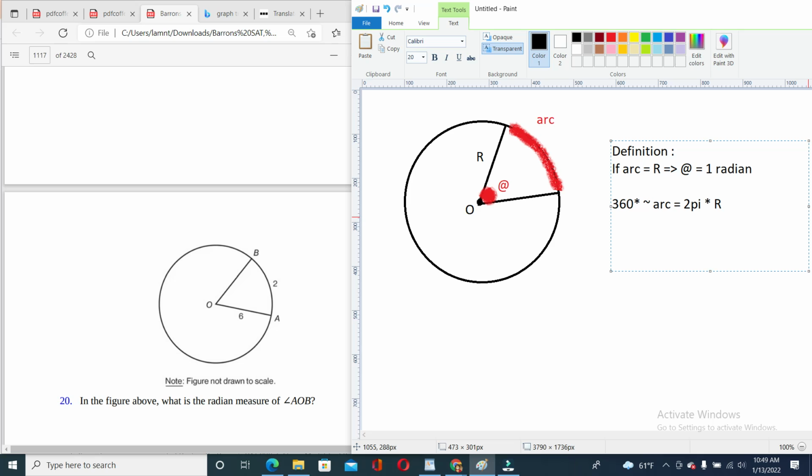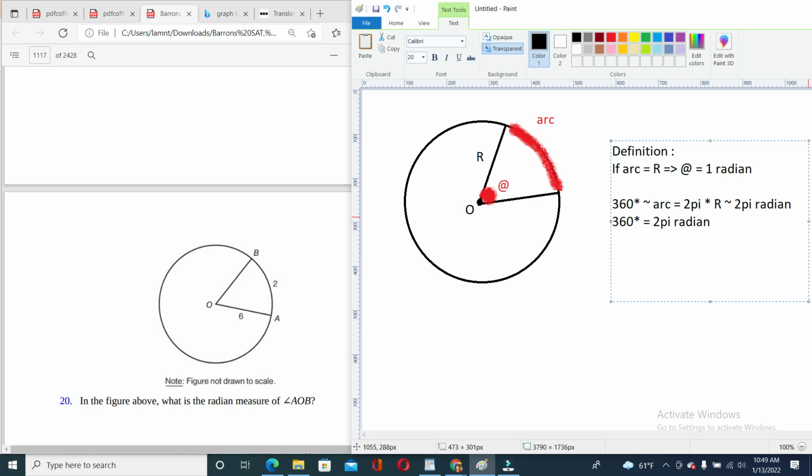And we know that 1 r is 1 radian. So 2 pi r is corresponding to 2 pi radians, so we can deduce that 360 degrees equals 2 pi radians.